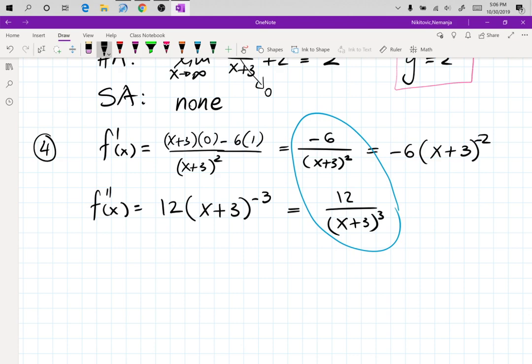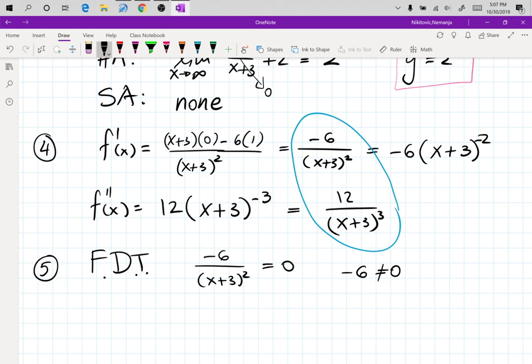The next part is to do the first derivative test. So we'll take our negative 6 divided by (x plus 3) squared, set that equal to 0, and when you cross multiply, you get negative 6 equal to 0, which is not true. That means that the only partitioning you are going to do is at the vertical asymptote.